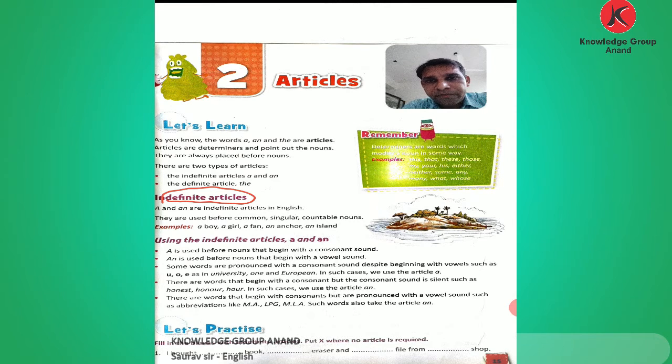But today I am going to tell you about the indefinite articles, where we put them. See, articles are determiners and point out the nouns. They are always placed before nouns. There are two types of articles.